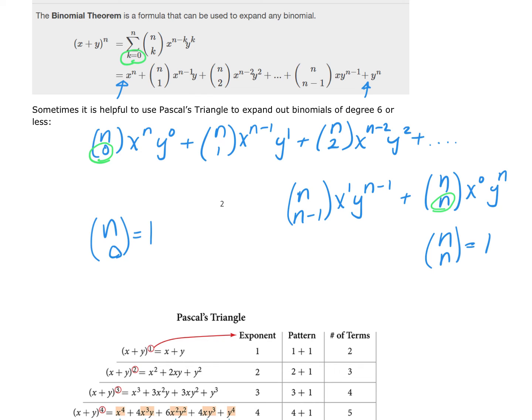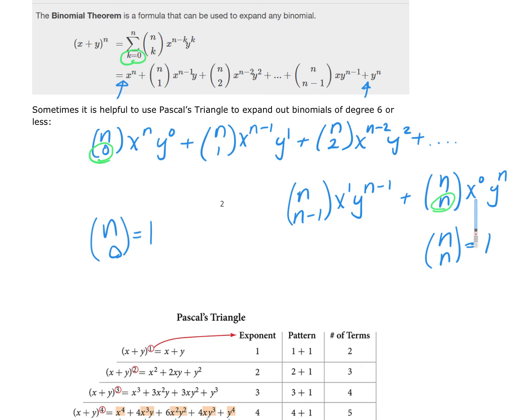But for consistency purposes, I really like to start out with 0, 1, 2, all the way up to n minus 1, and then n in my choosing. So n choose all the way from 0 to n. So n choose 0 being my first one, and n choose n being my last one. I also like to write y to the 0 on my first term, even though I know it's going to be 1.